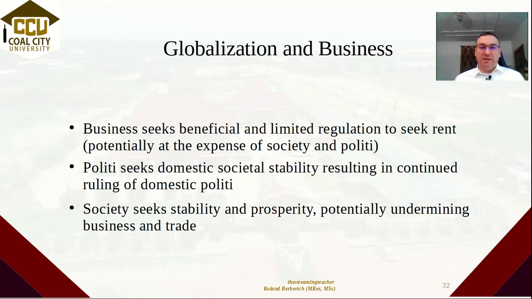Now, as a business, I want as little regulation as possible. I am looking out for my own benefit, which means I want more money. And as a business only focusing on the financial gain, my interest in the politics is limited to my benefit, and the limit of interest I have in society is these people should buy from me.